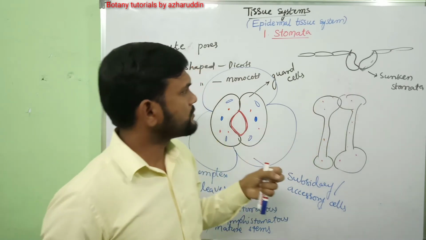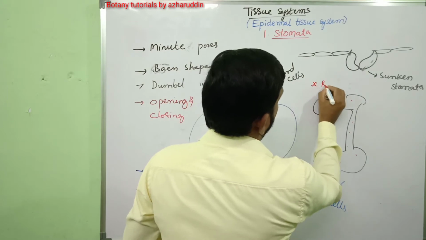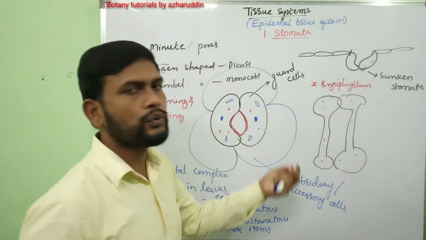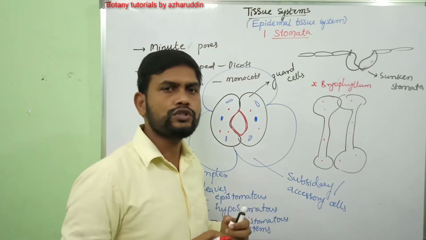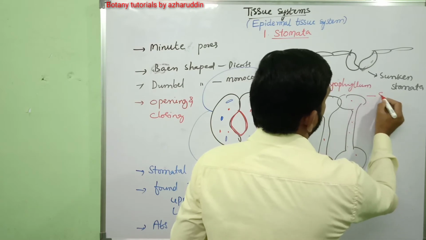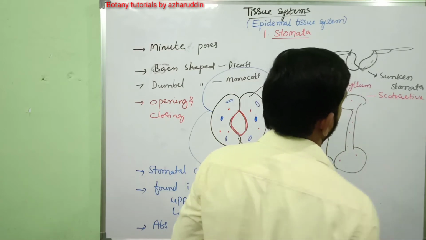Next, in succulent plants like Bryophyllum, stomata are open during the night time and closed during the daytime. Such stomata are called scotoactive stomata.